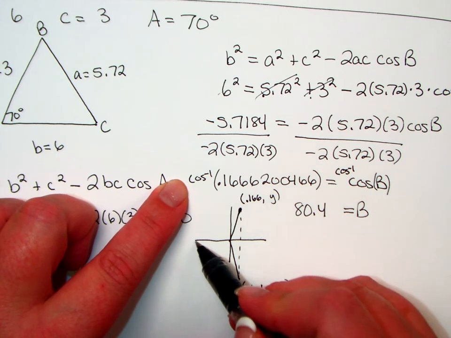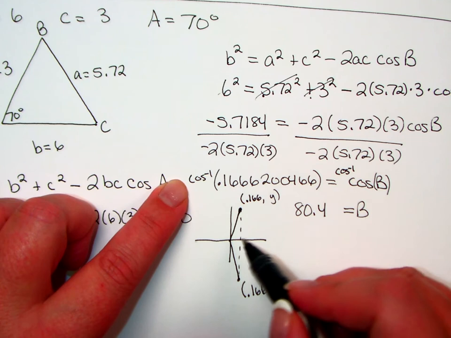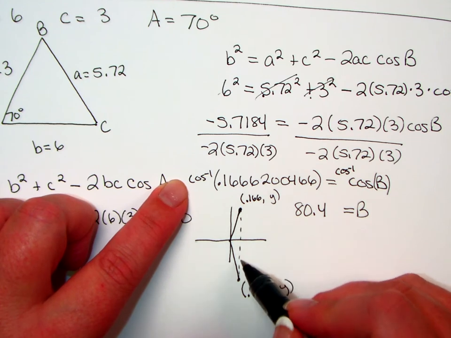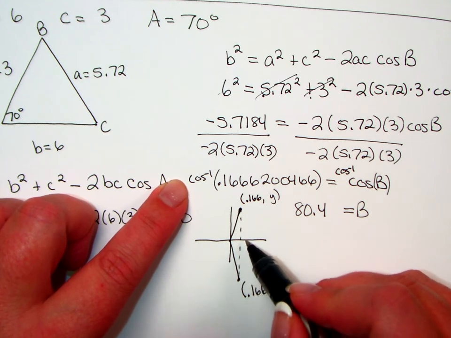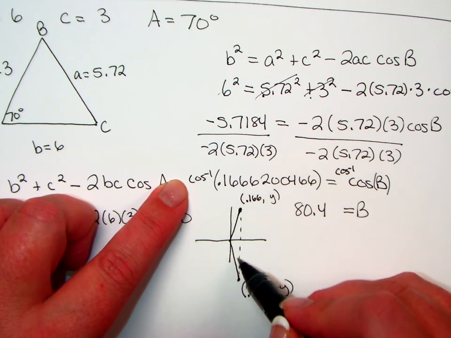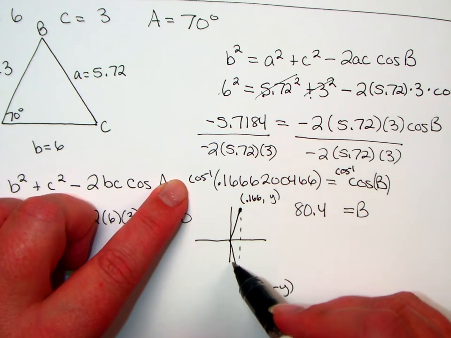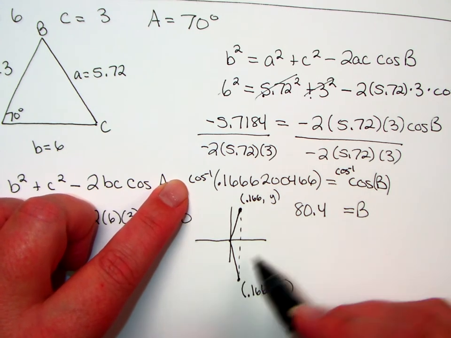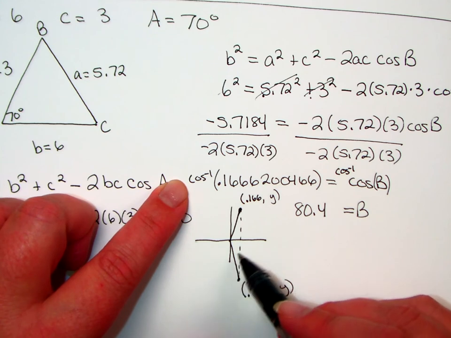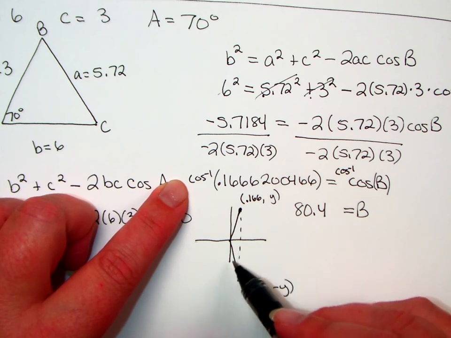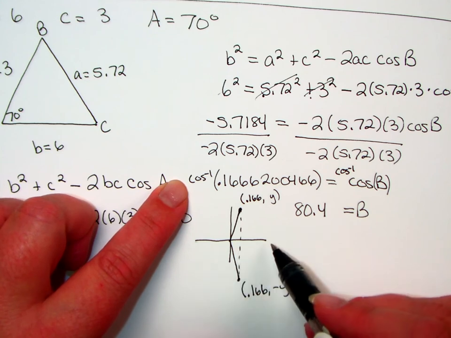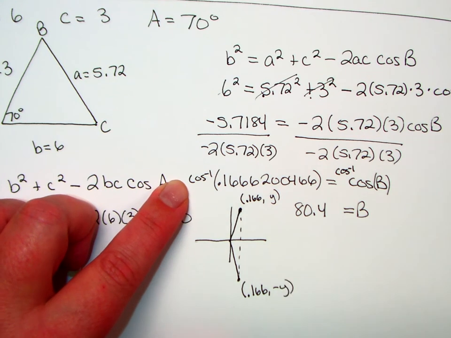So how do we find it? Well, the reference angle is the same. Now, the angle, we're not going to use negative 80.4 because that doesn't make sense in a triangle. And so we're going to do 360 minus 80.4. Right? All the angles in the fourth quadrant here are between 270 degrees and 360 degrees, which is way too big for a triangle.